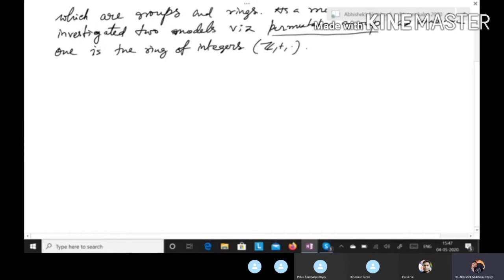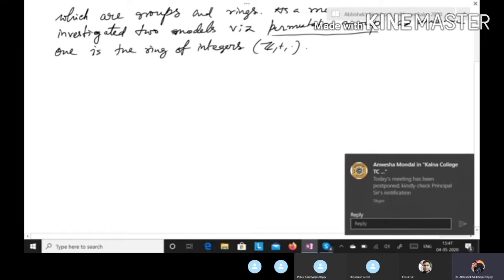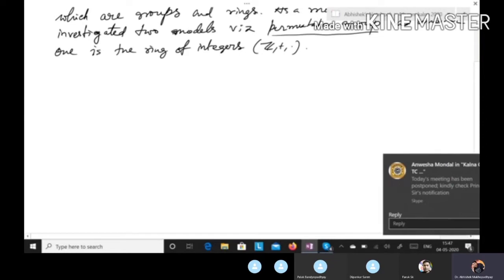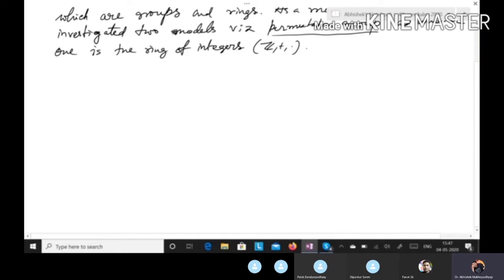I have already told you that in our space we take any point and multiply it by some scalar. Suppose you have a point (1, 2, 3) in R3, or in the plane (1, 2), then you can multiply by any real number.